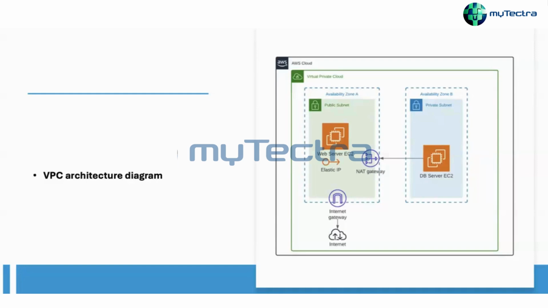And what is the firewall for EC2? Security group, right? Yes. And what is the first firewall? NACL. So, what is the difference between NACL and security group?